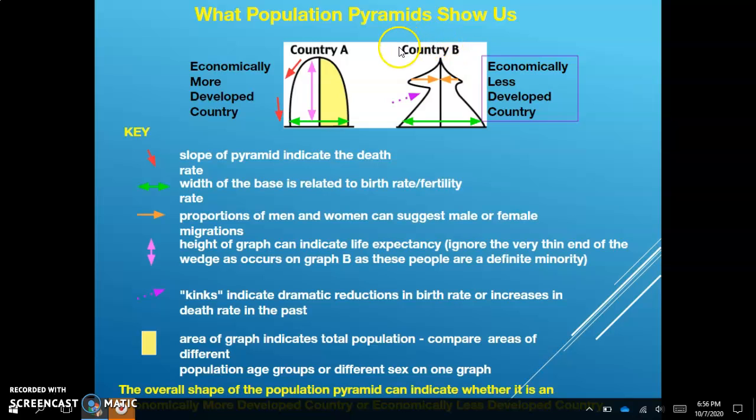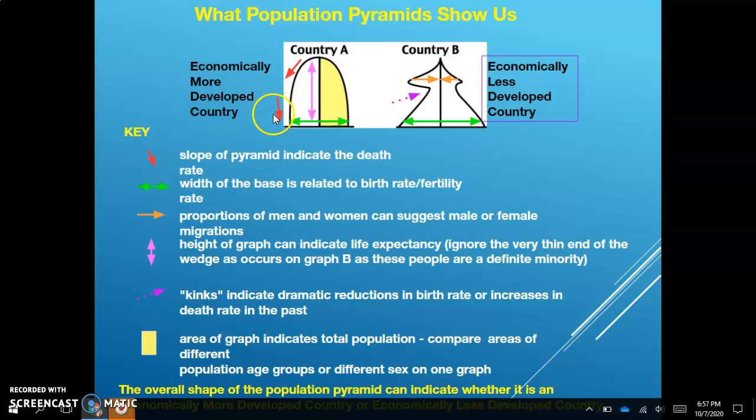Less developed countries, so countries that are third world countries, don't have booming economies, they're just getting started. They have kind of weirder pyramids. They can have some really weird dips, or they can also have very wide bases, and we'll talk about what that means. So here, when we see the red, the slope of the pyramid will indicate our death rate.